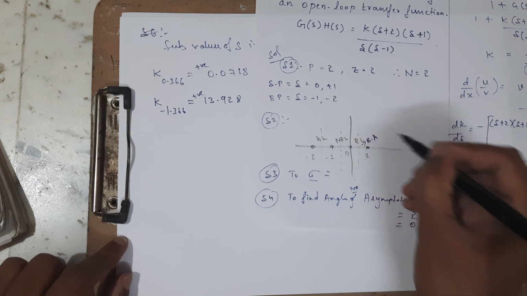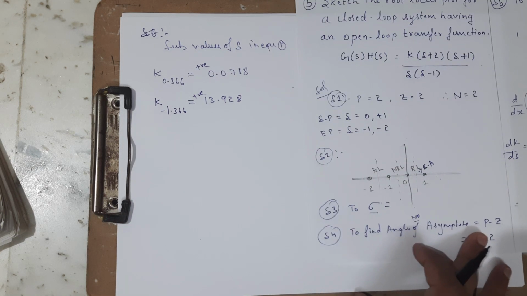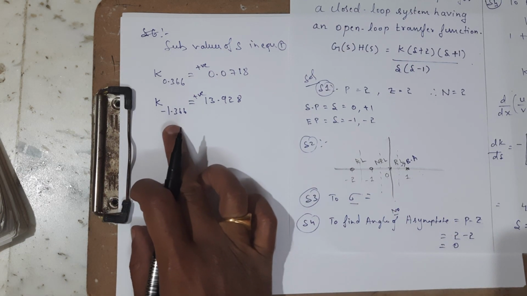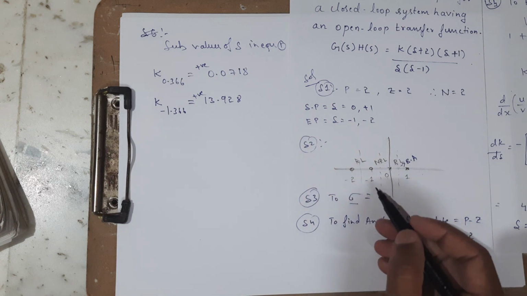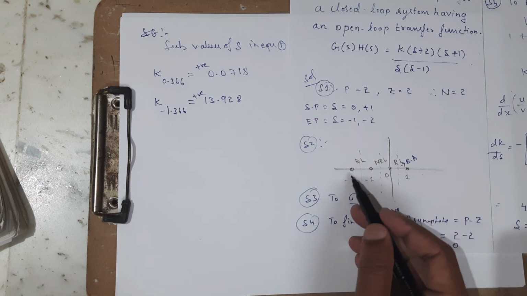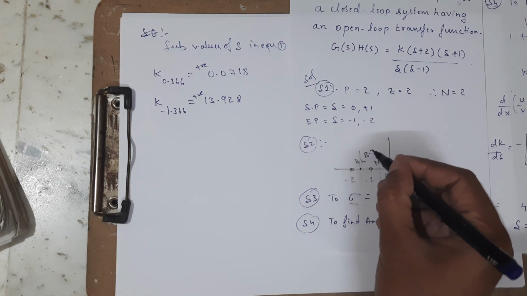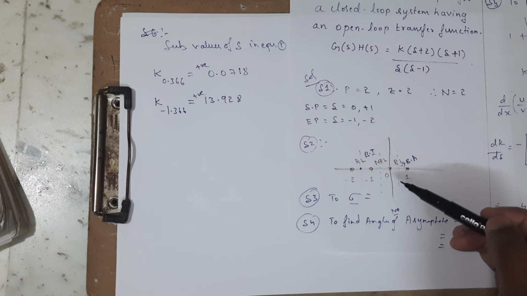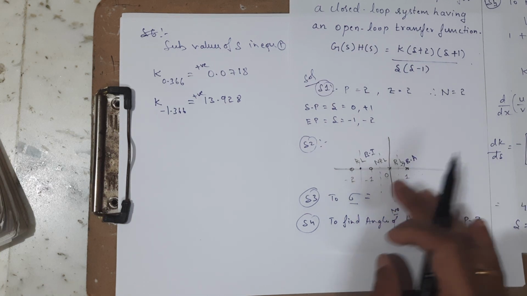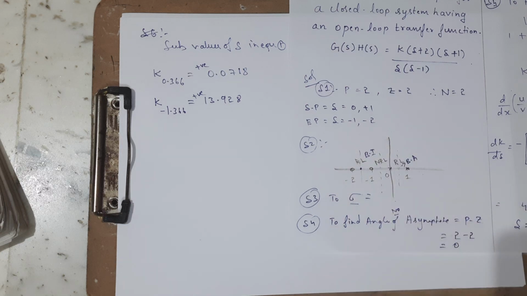So always the breakaway points will be between two poles. Next value is minus 1.366, that is between minus 1 and minus 2. These are two zeros, so therefore this will be a break-in point. So breakaway point will always be between two poles, break-in points will always be between two zeros. Okay, I hope you understood.